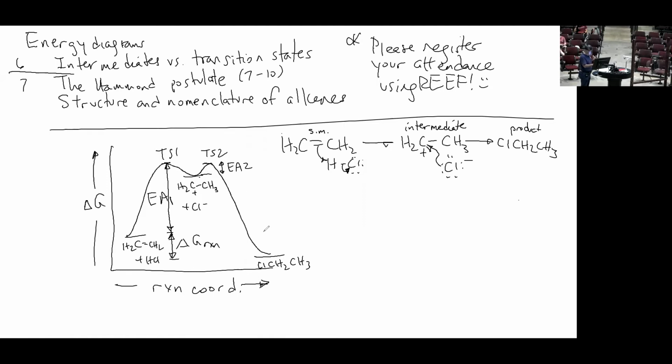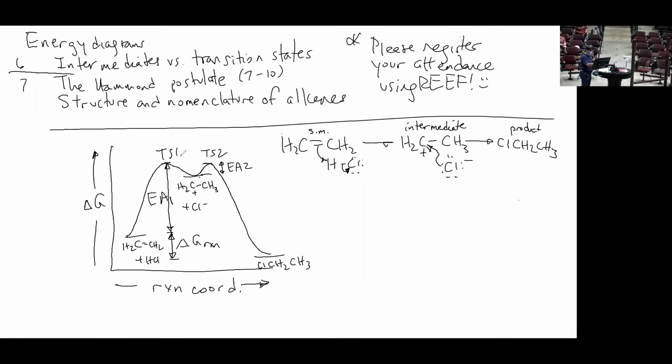Let me try again on that. That wasn't as clear as I would like. In this case, we know from the mechanism that it takes two steps. You can't really do this unless you know the mechanism. And so the first one has to go to an intermediate, not straight to the product. If it went straight to the product, then there'd be just one step.